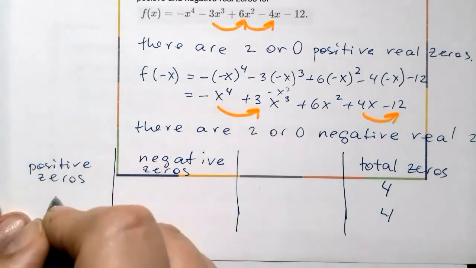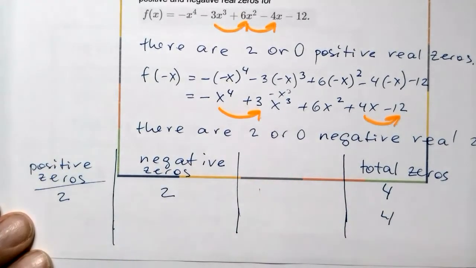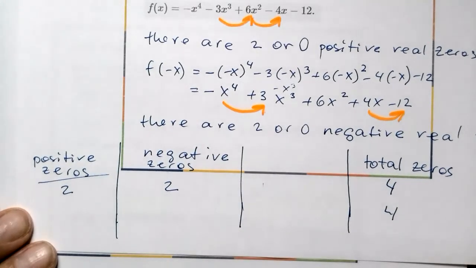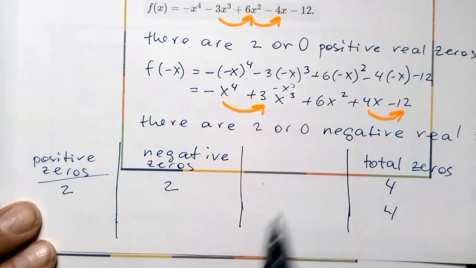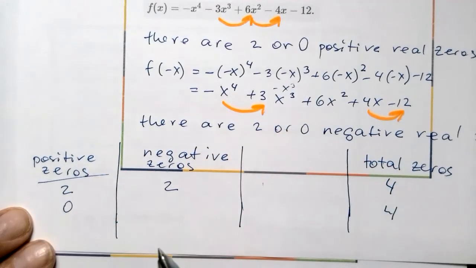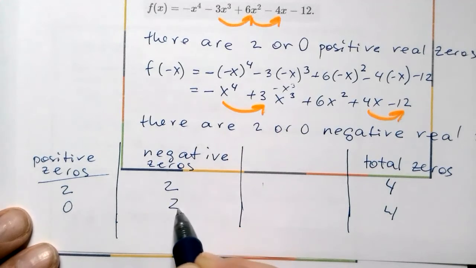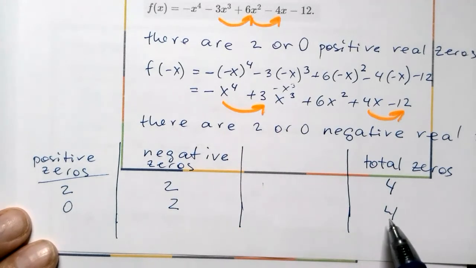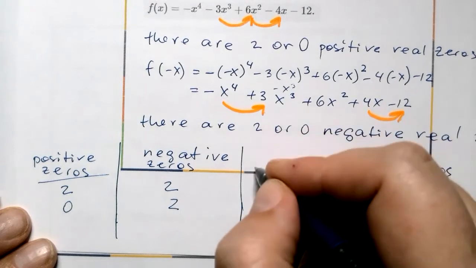If we have 2 positive zeros and 2 negative, no problem, right? But what if we said there will be 2 or 0 positive, so what if we have 0 positive and the most negative that we have is 2? We need a total of 4 zeros altogether. So which ones are we not including here? That is complex.